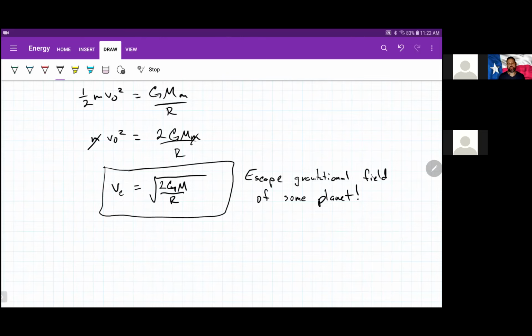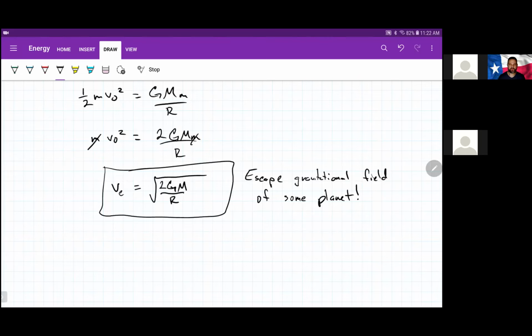It doesn't give you the mass or something, but it gives you the radius, and you have to figure out what the escape velocity is without having been given the mass of the planet.